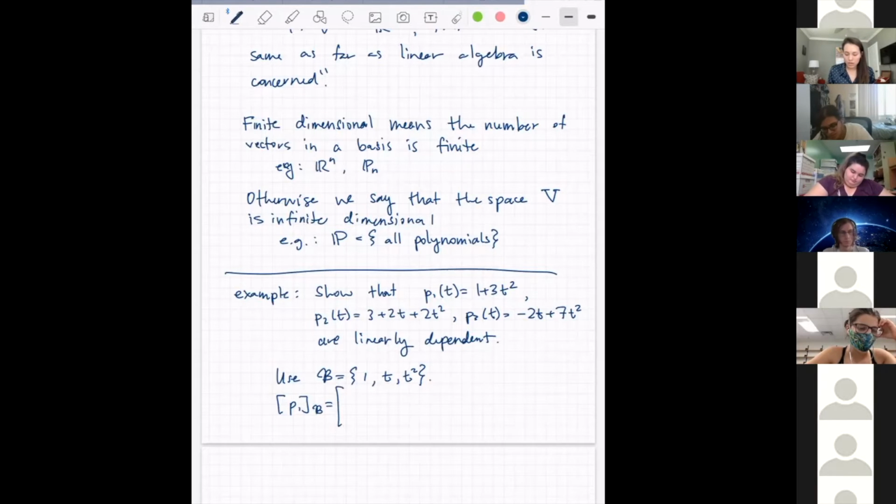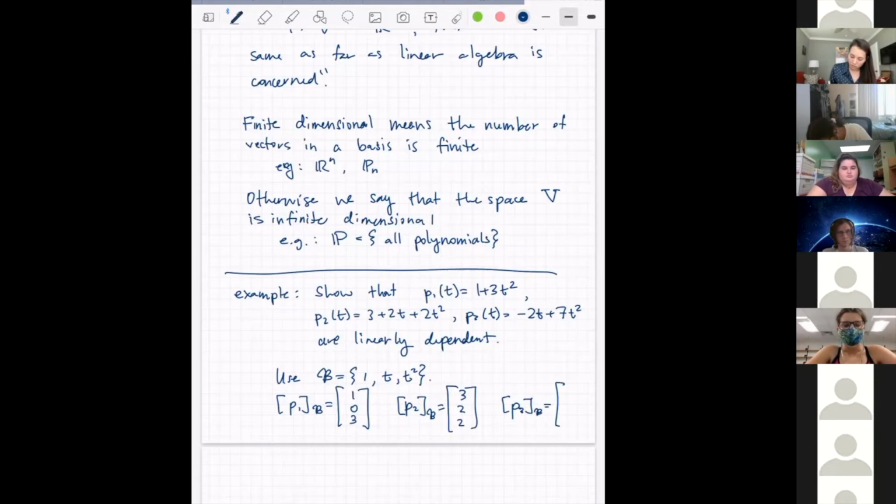For P1, we have 1, 0, 3. That would be the vector describing that one. For P2, we have 3, 2, 2. And for P3, we have 0, minus 2, 7.